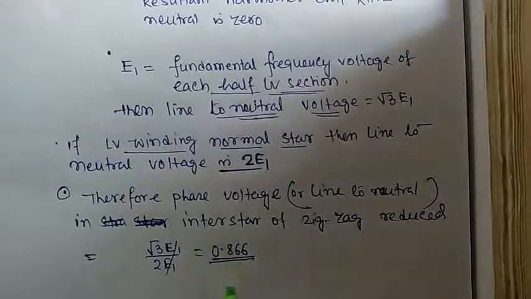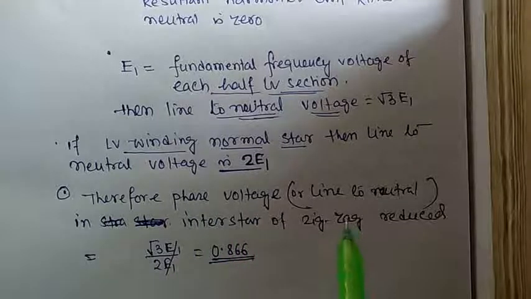So from this equation we calculate that in case of interstar or zigzag connection, the line voltage is 0.866 of its value if it is connected in star.